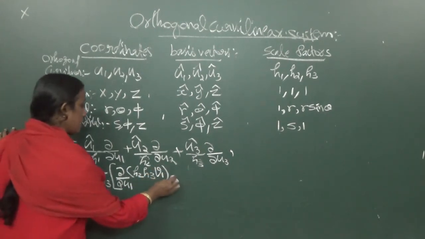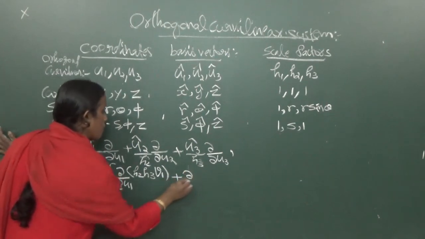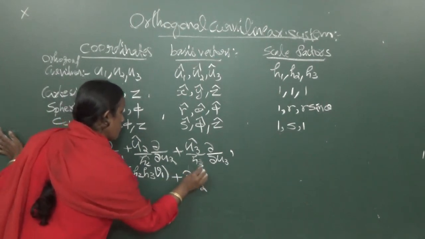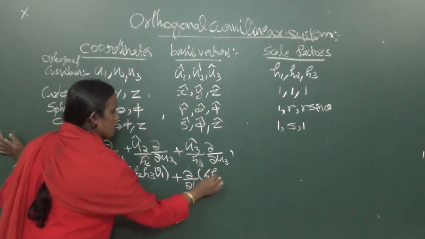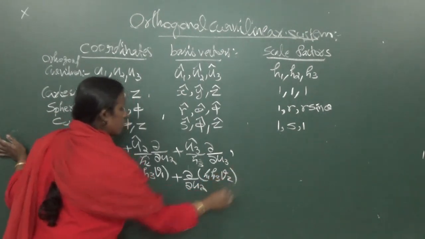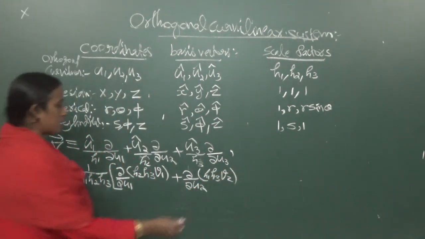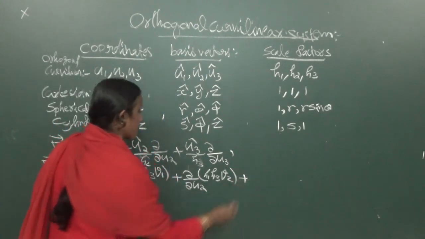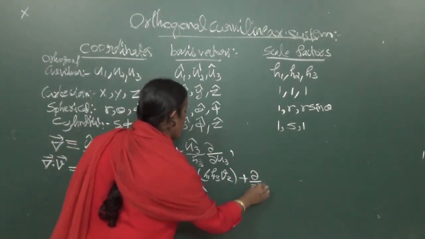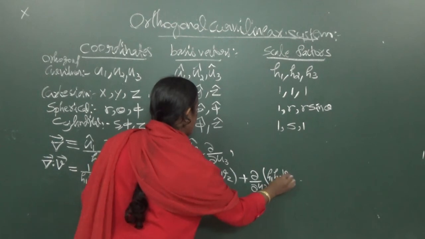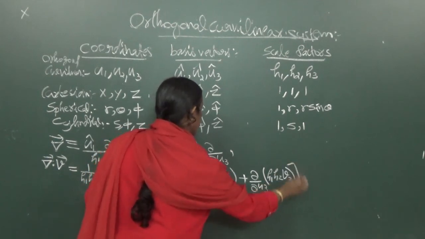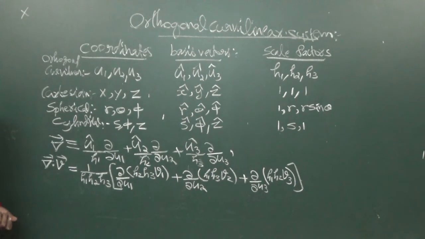Then dou by dou u2, but this time except this, the scale factors h1, h3, v2. Next comes plus dou by dou u3, h1, h2, v3. This is the divergence operator in this system.